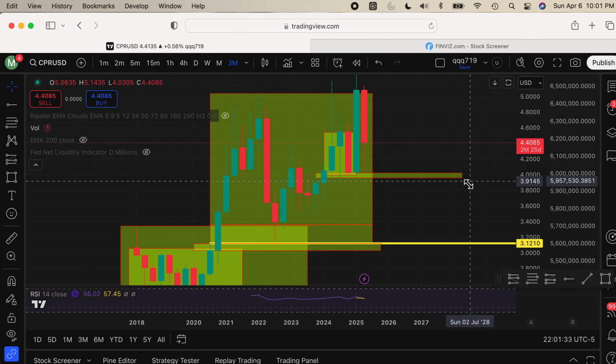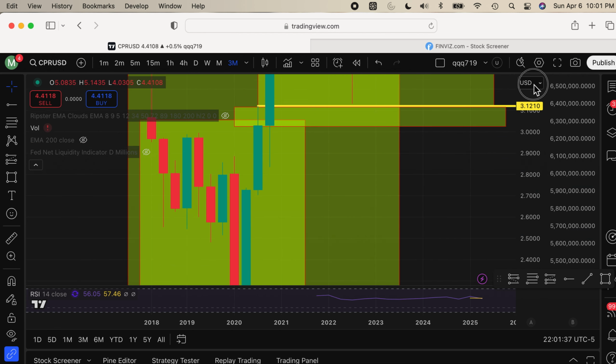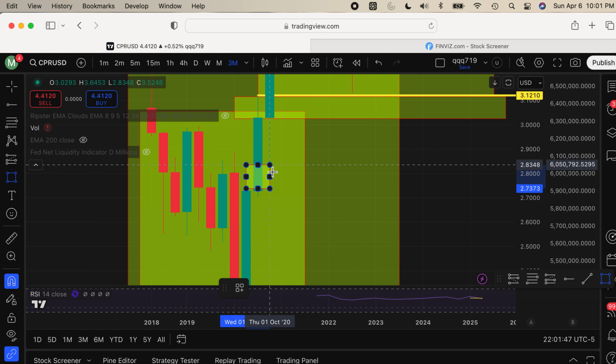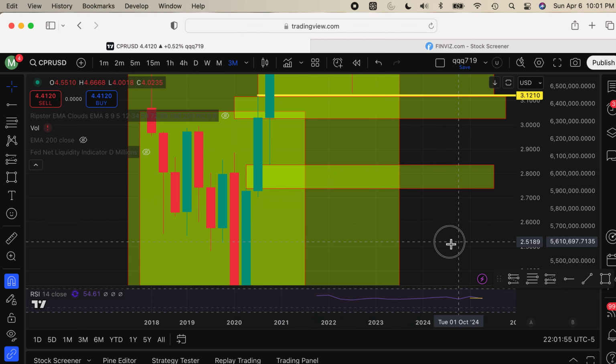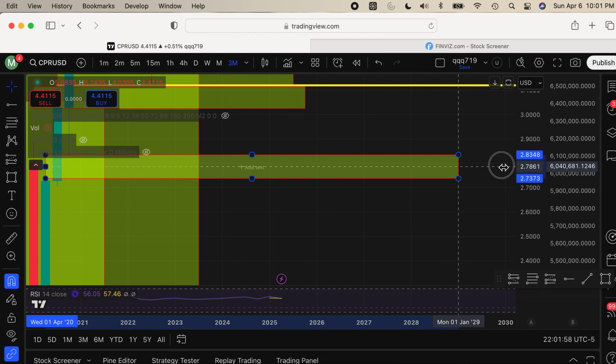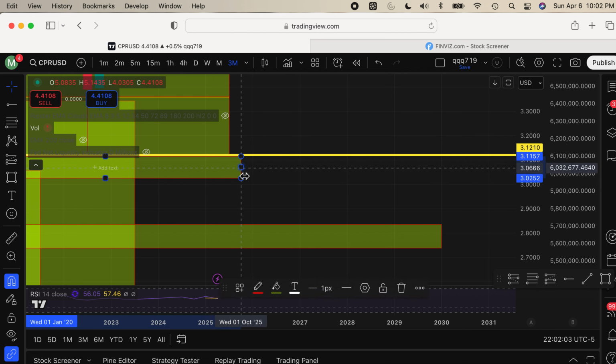If for some reason 312 breaks, where would they be going next? 273 to 283. That would also be a good area to buy. So we have two excellent areas to buy.